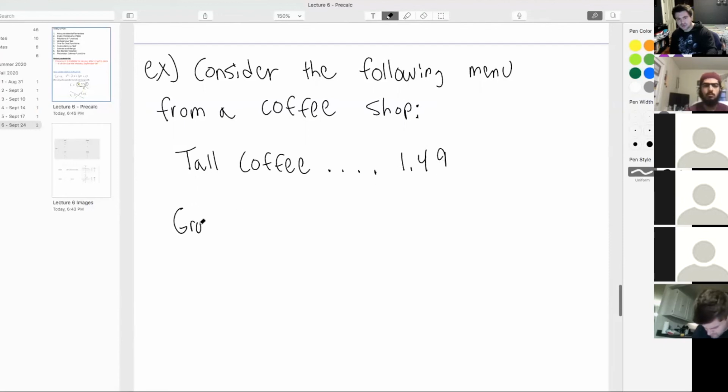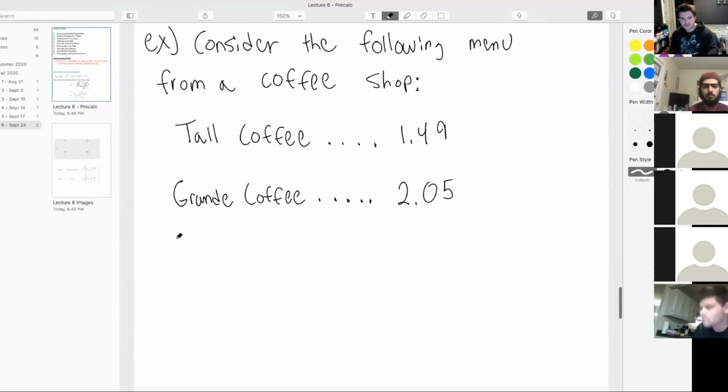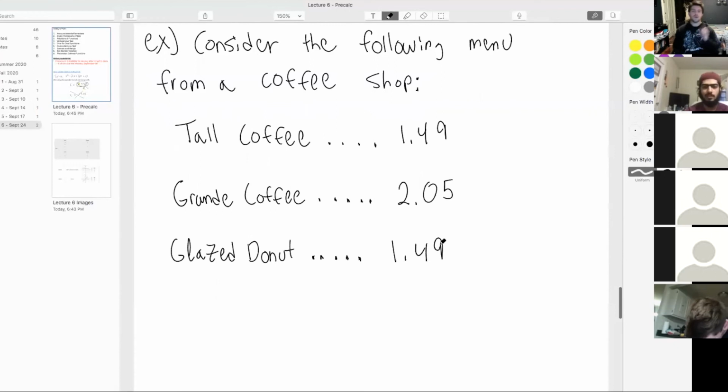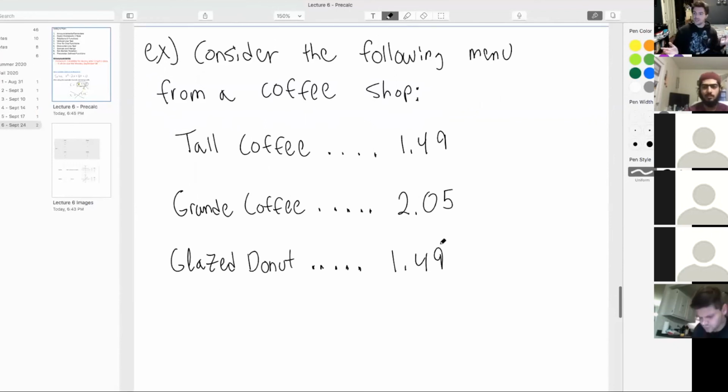A grande coffee will have a price of $2.05. And the last thing, a glazed donut, which is very yummy, by the way, will have a price of $1.49. So this is just a menu. It has food and prices. This should seem familiar.